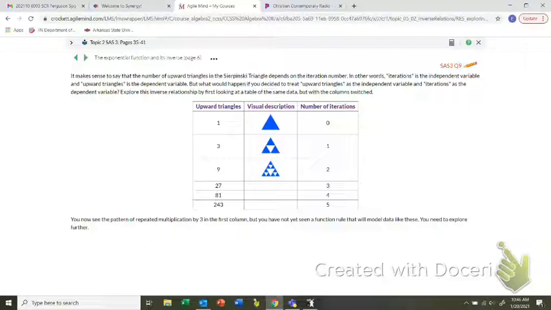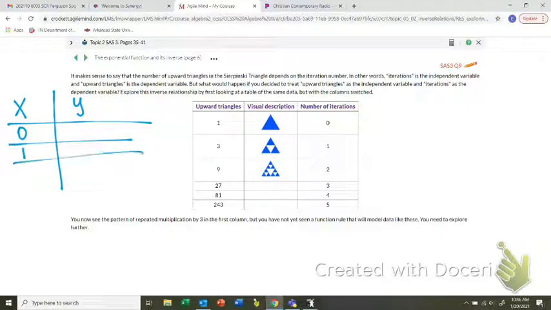Then complete the scatter plot. All right, so remember, our original table shows us on our paper 0, 1, 2, and 3 was 1, 3, 9, 27.